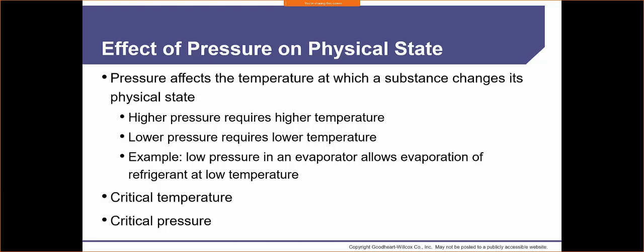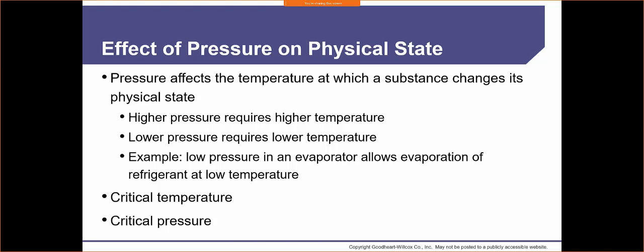I don't know off the top of my head, but at 14.7 psi, we boil water at 212. If I were to take it down to, let's just say 0, water may boil at 150 degrees. It may boil at 100 degrees. Whatever that boiling point is, there's a boiling point for the water based on pressure, okay?